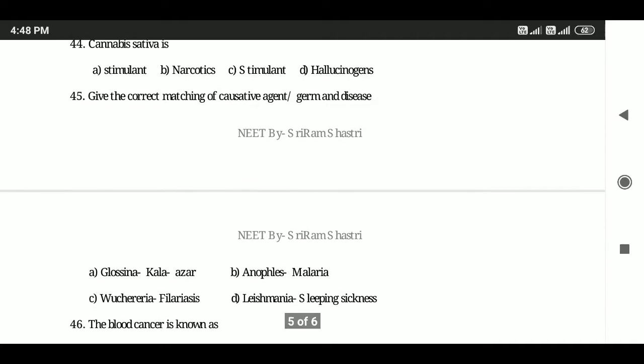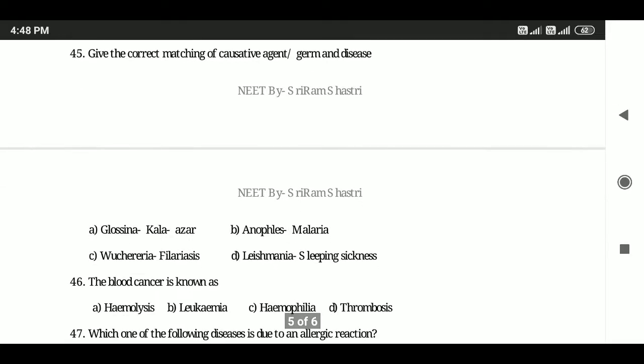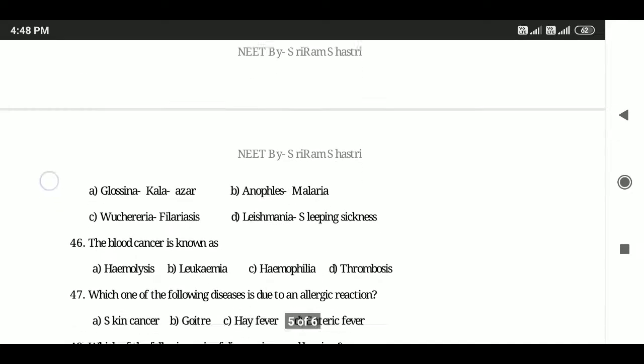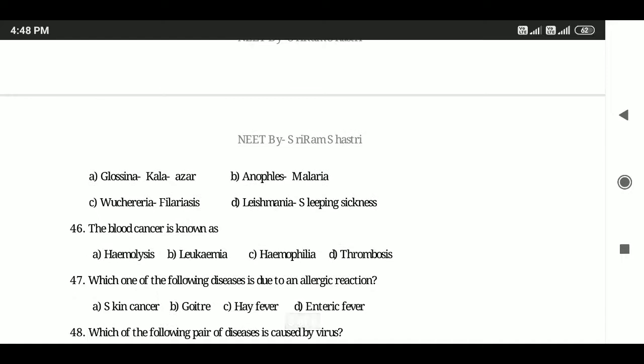Give the correct matching of causative agent and germ and the disease. Glossina, Kala Azar, Anopheles, malaria, Wuchereria, filariasis, Leishmania, sleeping sickness. So here Glossina is not related to Kala Azar, whereas Wuchereria, filariasis, Anopheles, malaria, Leishmania, sleeping sickness.